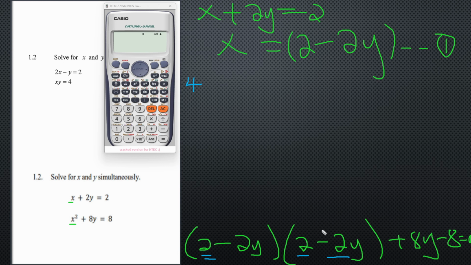2 and negative 2y will give us negative 4y, and then negative 2, and then that will give us negative 4y, and then this and this will give us a positive 4y squared, and then this will be the plus of 8y minus 8 equals to 0.